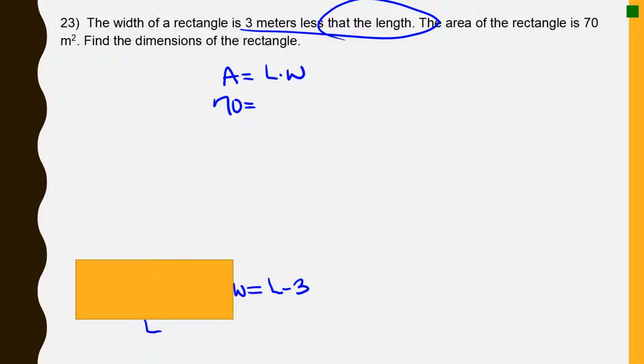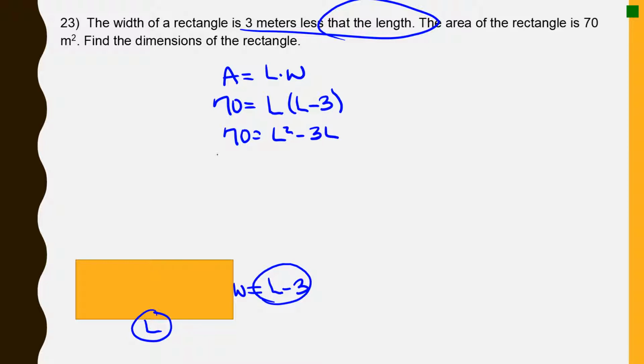So 70 is the length times the length minus 3. I can't use length times width because I have to use the same variable, okay? So 70 is L squared minus 3L. I'm going to subtract 70. So 0 is L squared minus 3L minus 70.